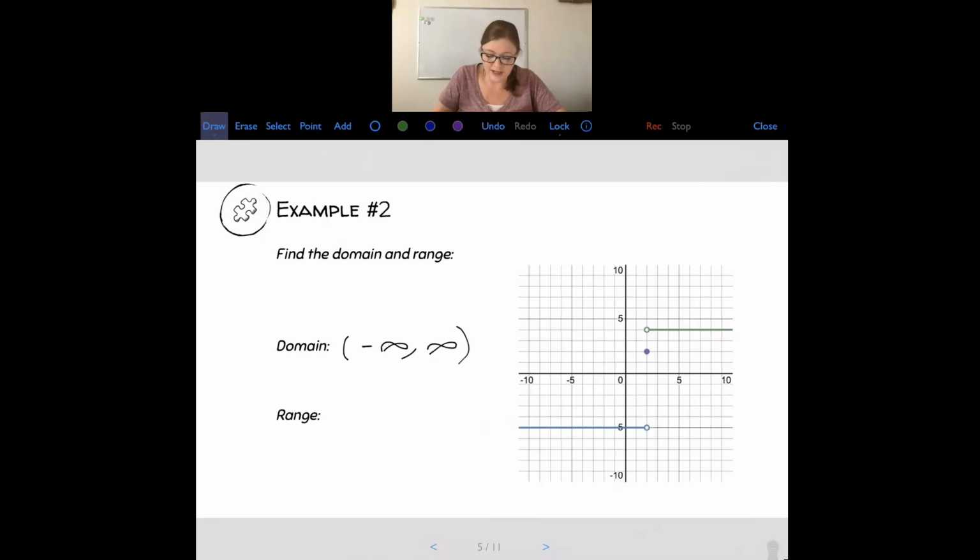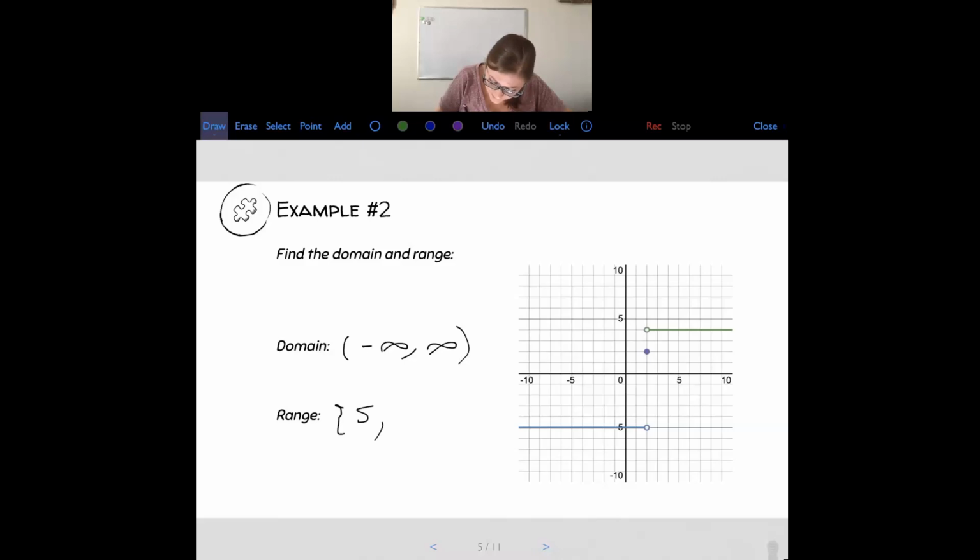Okay, the range, in this case, we've been talking about reading it bottom to top, but we only have 3 values of the range. Negative 5, 2, and 4. Okay, so when you've got distinct values like this, when you don't need to use interval notation to include infinitely many values, we use set notation and we list the values.